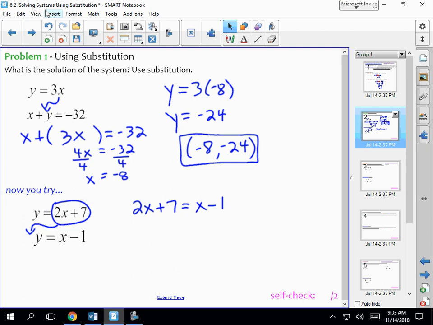Right, so let's take it from here. Take some times 7, a normal equation solving. And then now subtract. Want to get x by itself. Then you have x equals. So that's your x value for your cross. All right, so let's just make sure we got negative 8, negative 9. We should have gotten all of that.